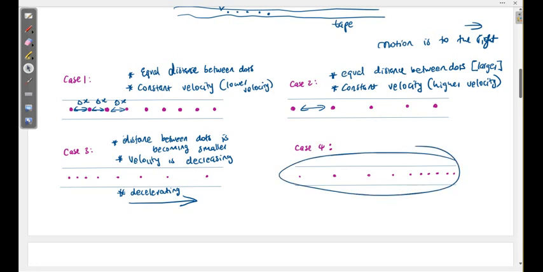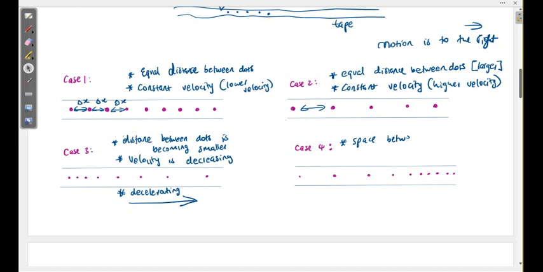Now let's look at case number 4, right? Imagine this whole thing is moving to the right. As it is moving to the right, what is happening to the space between the dots? They're becoming larger, ne?